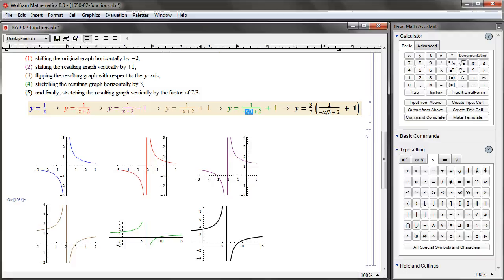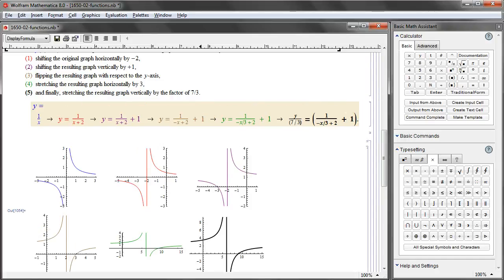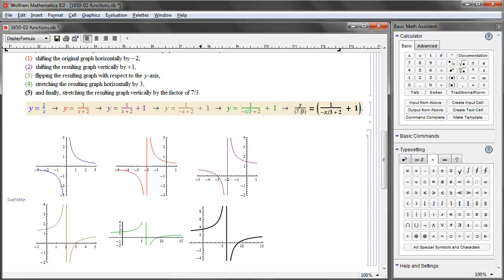Now the final step. What we need to do is we have to stretch it by factor of 7/3. So we have to apply the inverse operation. So we have to divide by this factor, and that factor is 7/3. I think I put a bit too many things here. So y divided by 7/3 is, well, that expression we had.